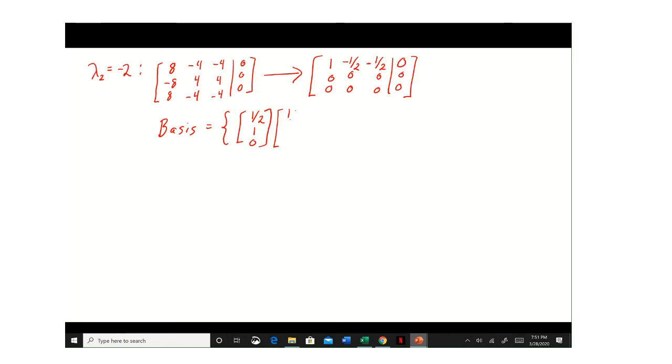The second basis element is 1 half, 0, 1. So our basis has dimension 2. Our eigenvalue had multiplicity 2. So that all matches up. This tells us that we are diagonalizable.